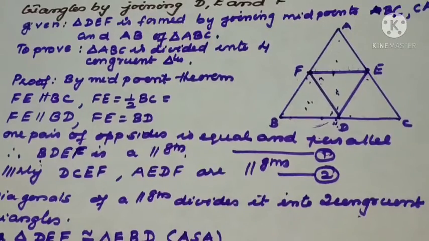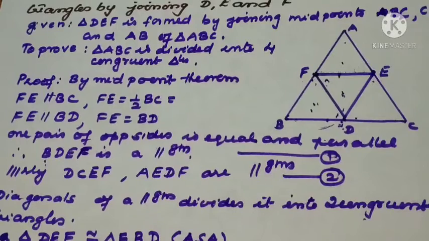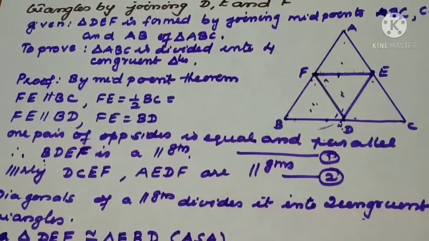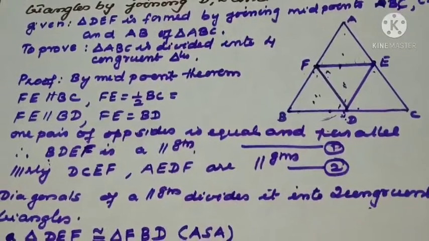D and F will interchange here, F and D. And in between, instead of E, we should get a B. Similarly, for the second parallelogram, D and E are interchanging. Right? Third parallelogram, F and E are interchanging. Got? So with this you can write this easily and you can easily finish this proof.